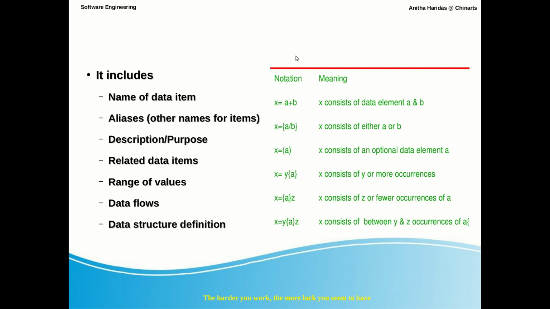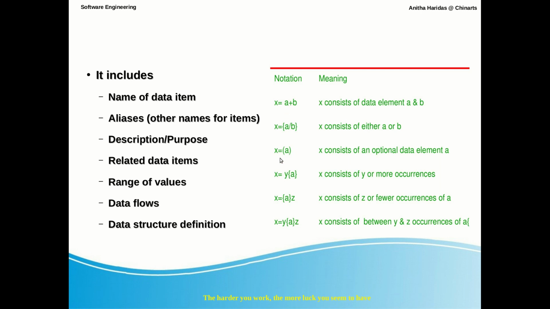And these are some of the notations used in the data dictionary. If you have a notation like this, it specifies that data elements A and B are available in X. If you have a notation like this, X consists of either A or B. Like that, these notations can also be used.